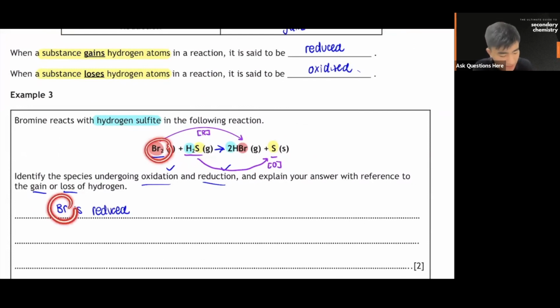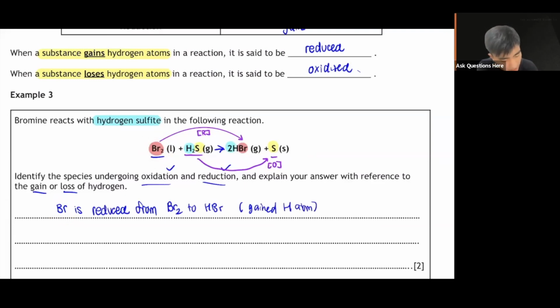Br2, Br is reduced, but the compound is Br2. So you must tell me bromine, the element, is reduced, from Br2 to HBr, since it has gained hydrogen atoms.